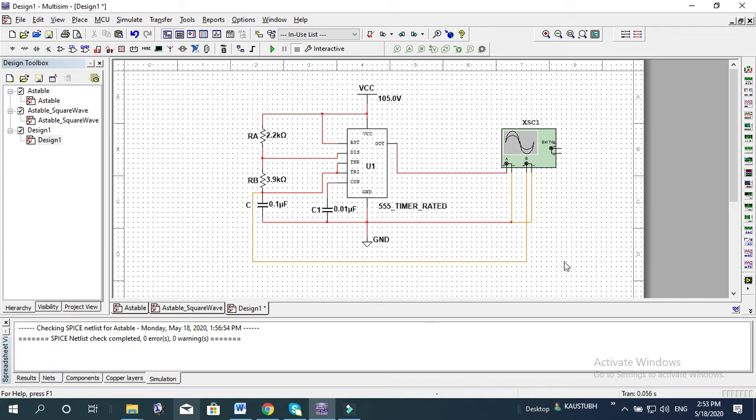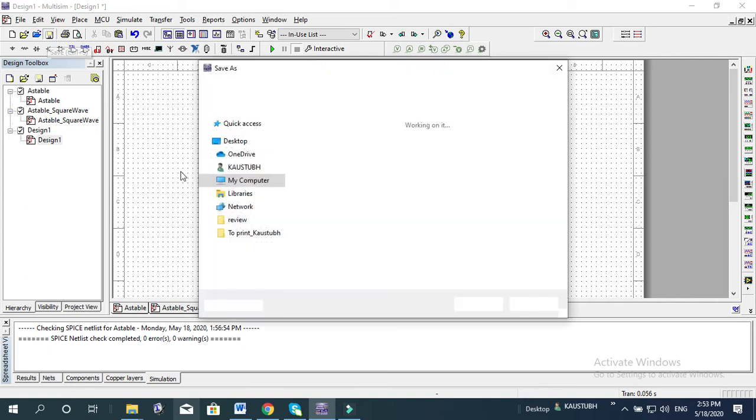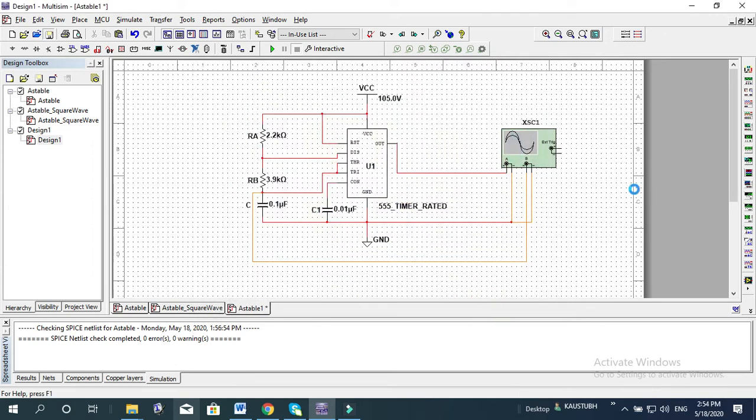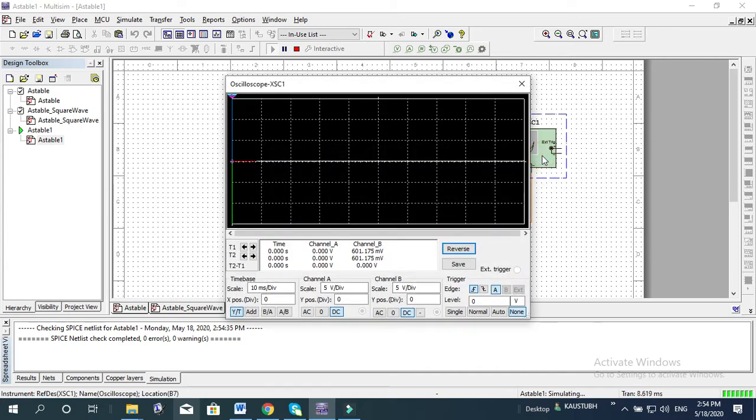Then save it here. Okay, it's done. So run it. Now click on this arrow.